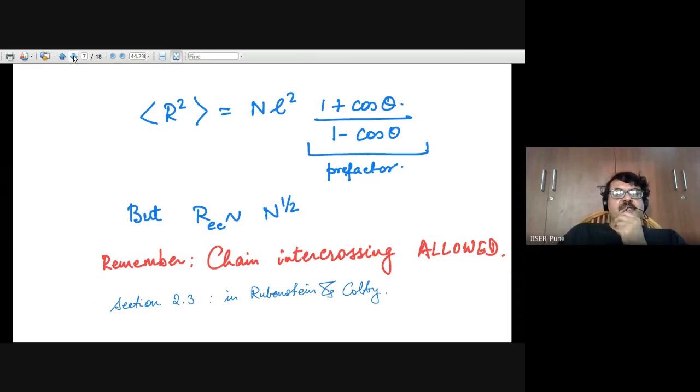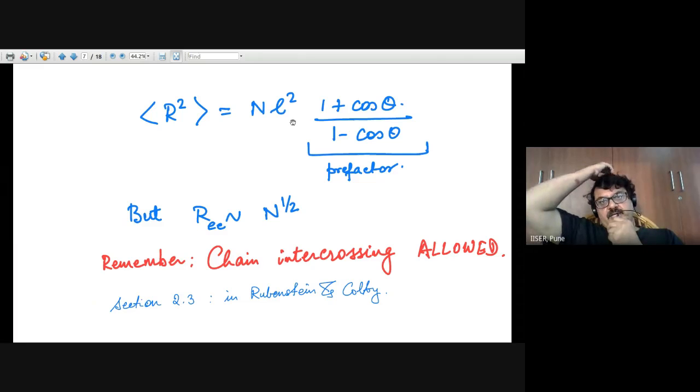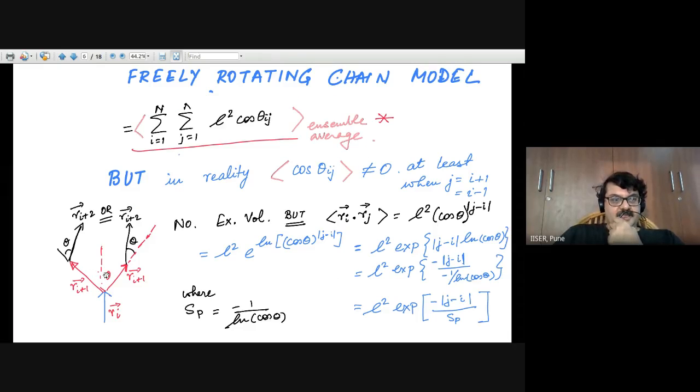As a consequence, the end-to-end distance, which was N L square for an ideal chain, comes with a prefactor of 1 plus cos theta over 1 minus cos theta, where theta, remember, is this angle. So when theta is 0, Ri plus 1 is pointing exactly along Ri.